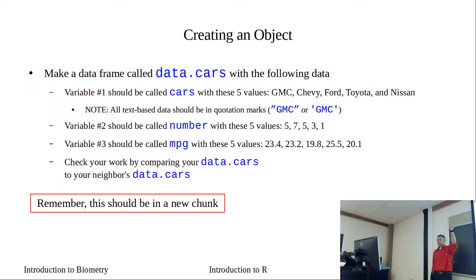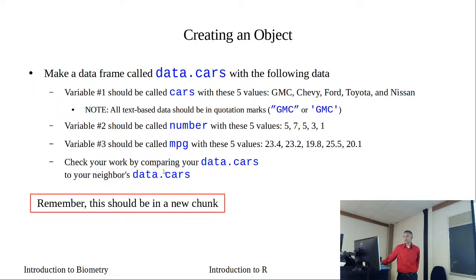Variable 1 is gonna be called cars. Inside the cars, you're going to have 5 values: GMC, Chevy, Ford, Toyota, and Nissan. Variable 2 will be called number, and we have these 5 values in these orders: 5, 7, 5, 3, 1. And then variable 3, I want you to call it MPG, and it should have these numbers in that order.